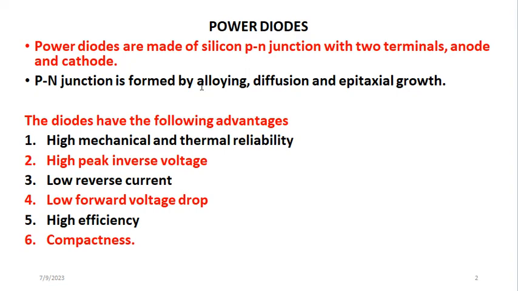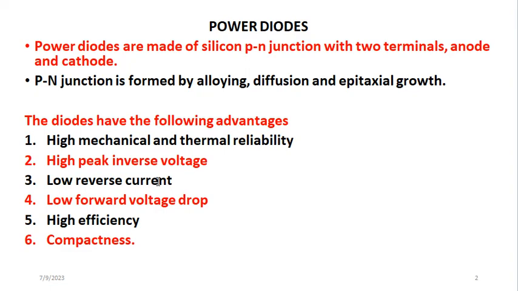So the power diode, as we have seen, is one of the basic components used in semiconductor power electronics, and the advantages it has whenever it is used in these areas include high mechanical and thermal reliability, and high peak inverse voltage, that is, the reverse voltage that can damage it is very high.